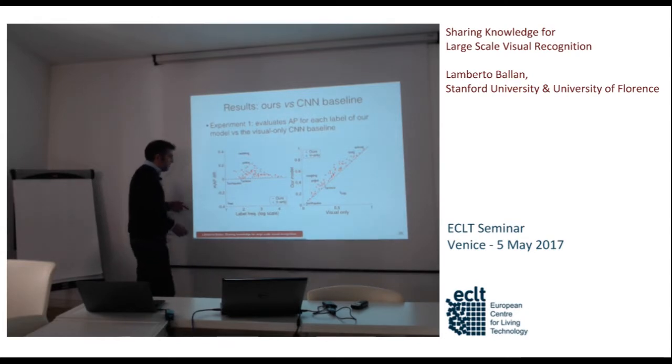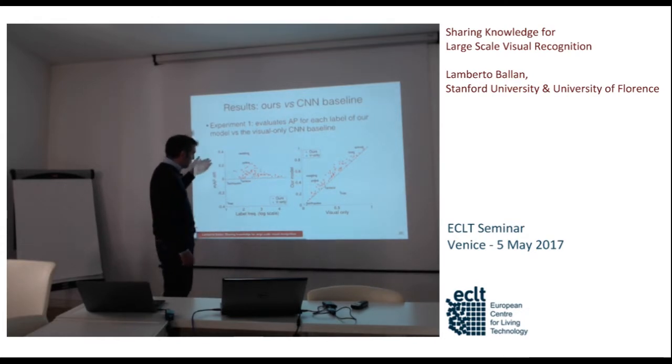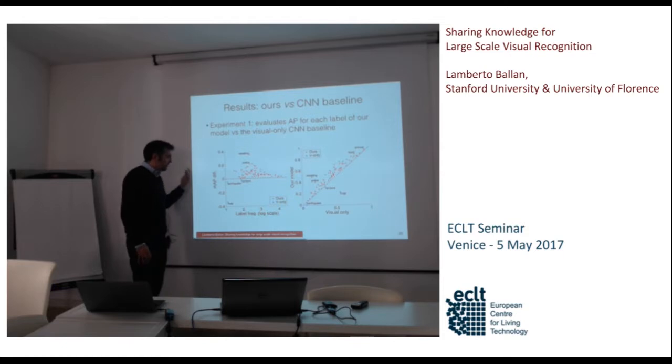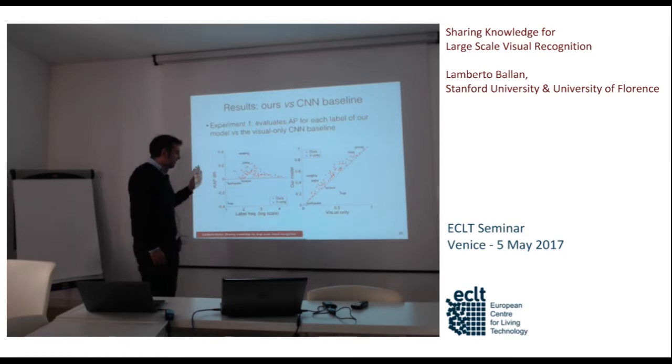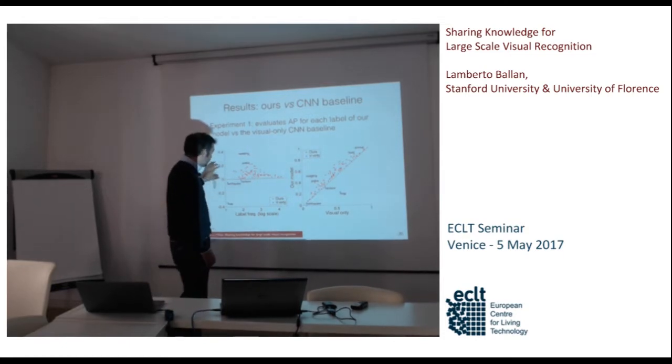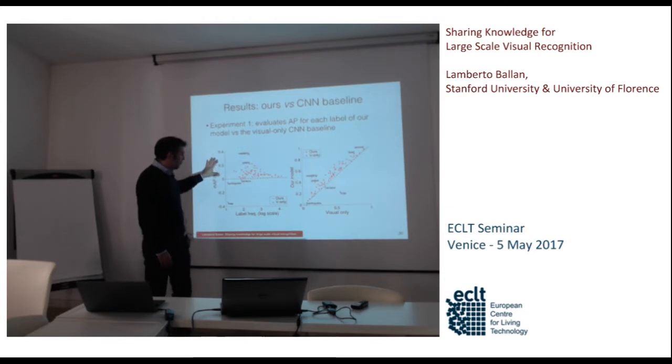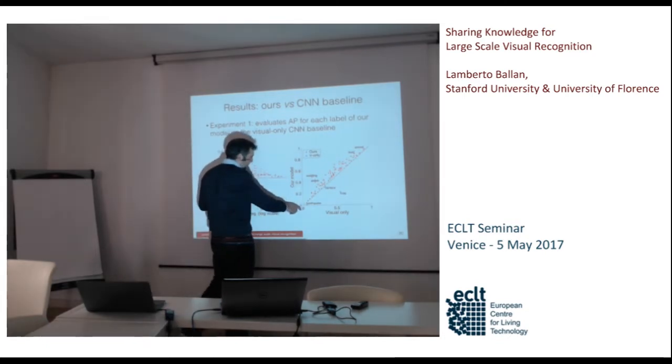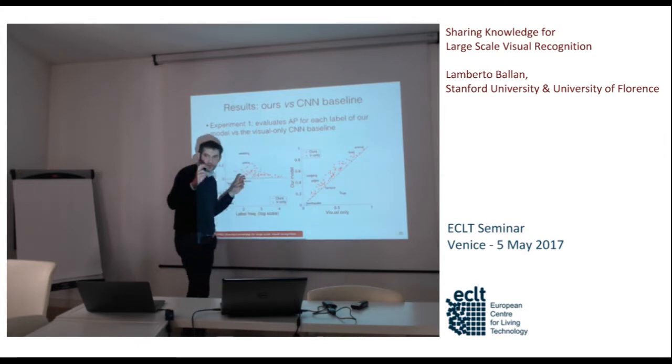Again, on the numbers, an interesting thing to observe is that in our model, usually you have some classes. These are all the classes that are in the dataset. And here you have a comparison between our model and the visual only baseline.